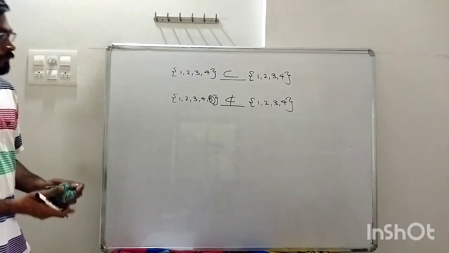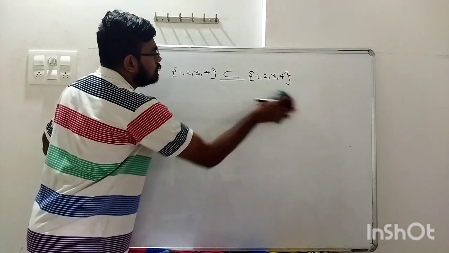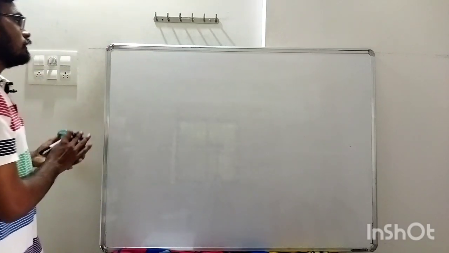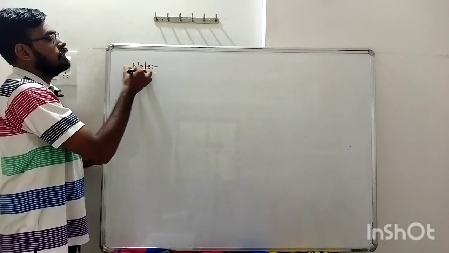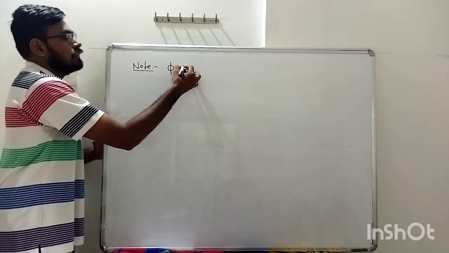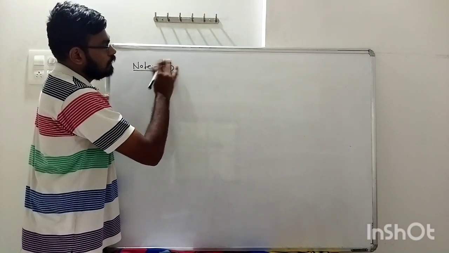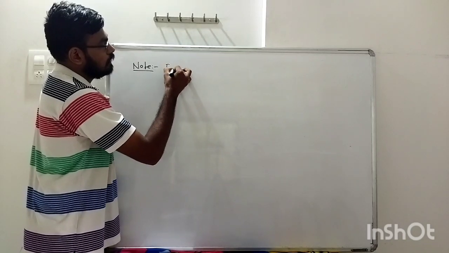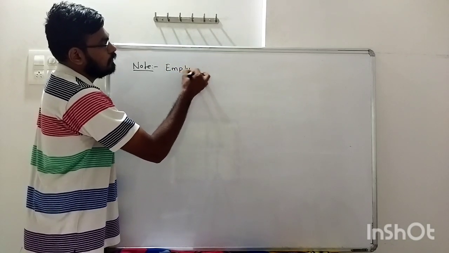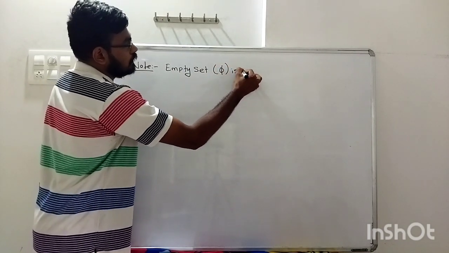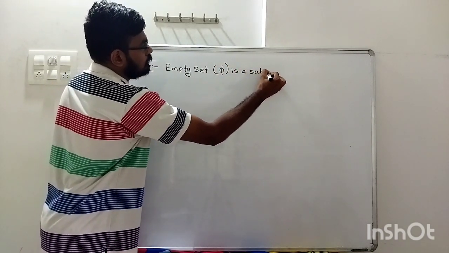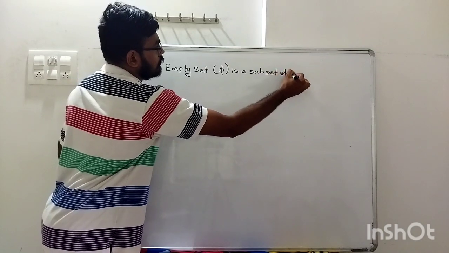So from this, you understood two things. First thing is the empty set, that is phi, is a subset of every set.